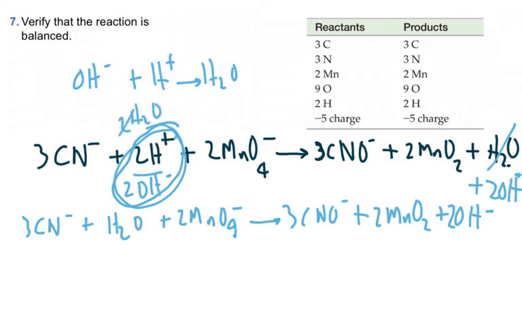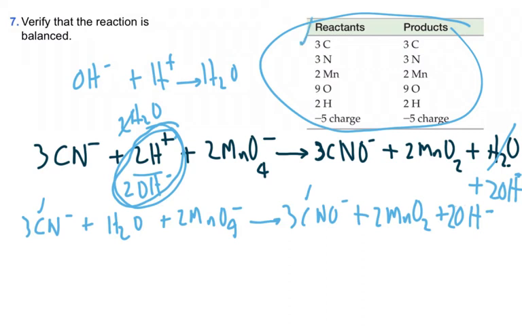Okay? Now we're going to check if it's balanced, and we have the verification up here. Let's look at the elements. I see 3 carbons here with the coefficient and 3 here, so that one's good. There's also 3 nitrogens here and 3 nitrogens there, so that one's good. I see 2 manganeses over here and 2 over here, so that one's good as well.